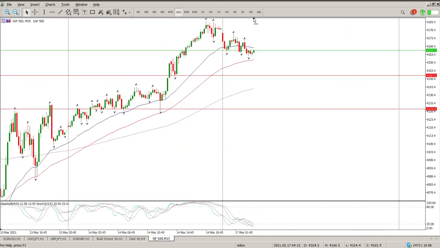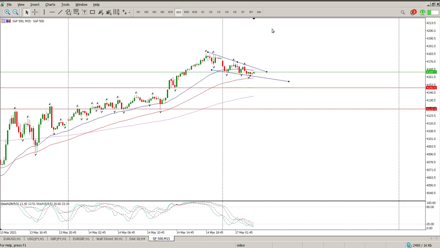Come down to the 15-minute, that's probably where you're going to be. There's your flag. You see it? That's your flag. There's your move up, flag, break, retest, get you higher, get you moving to the upside. Alternatively, you're looking for a pullback onto 41.50, and you're looking for that to hold before buying back into this.